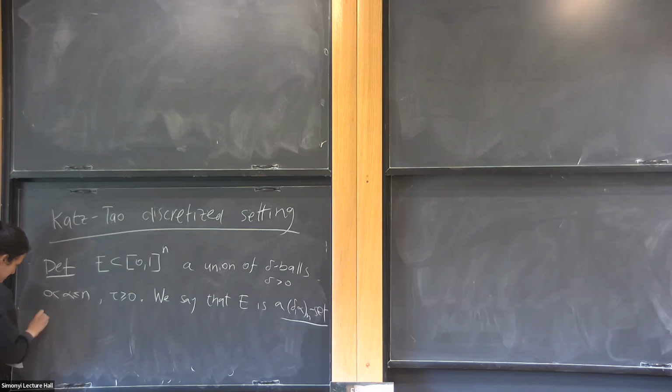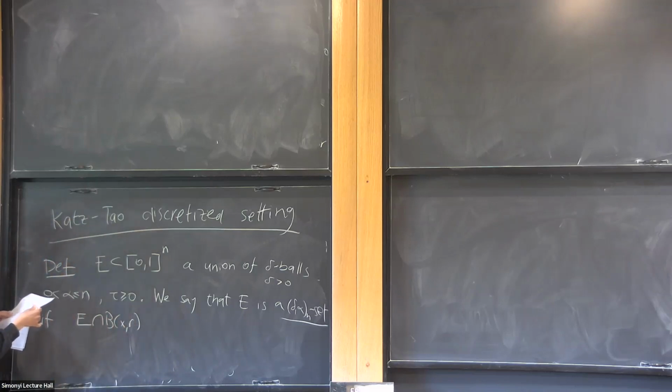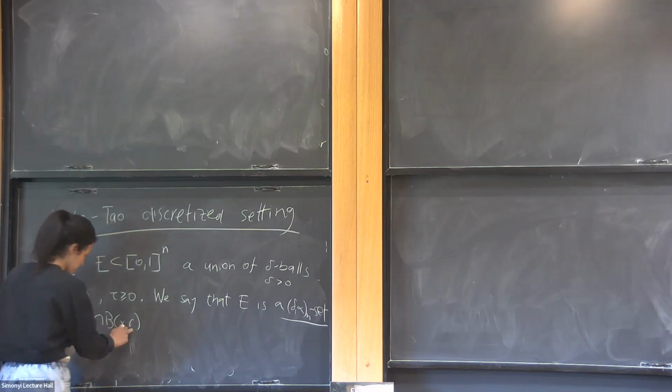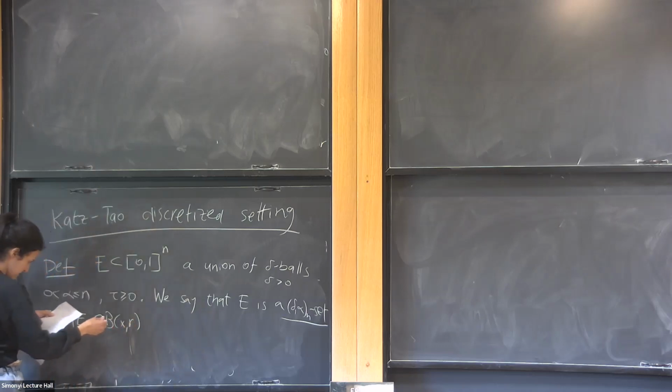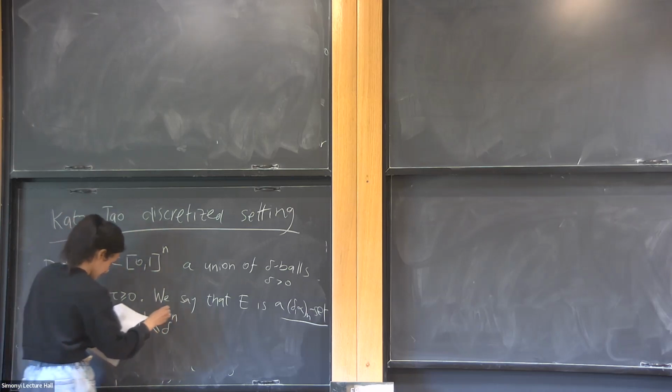So if the intersection of E with... I think that for the definition you don't need to say finite, but when we use it, we can always move to finite unions. So the intersection of the set E with any ball of radius R is at most delta to the power n minus tau.